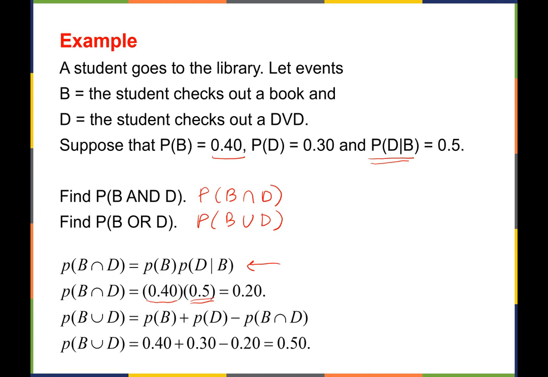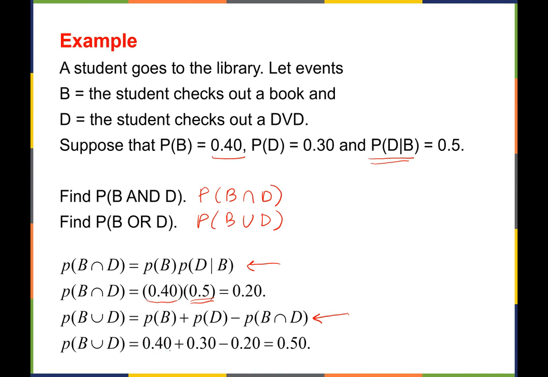The next one is the probability they check out a book or they check out a DVD or they do both, right? That's included in there. So we used our formula for or, the addition formula, and we know that's the probability of B plus the probability of D minus the probability of both things occurring, which luckily we just computed. So the probability of B, again, was 40%.